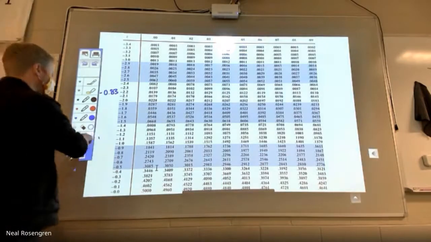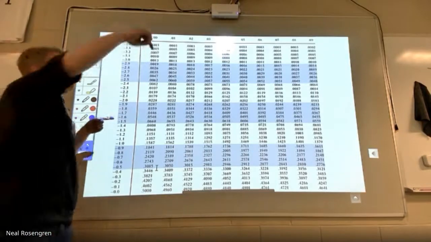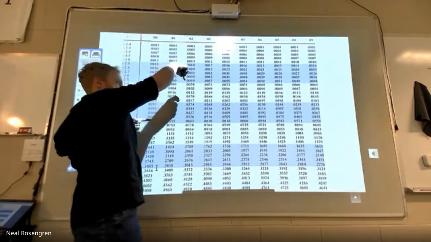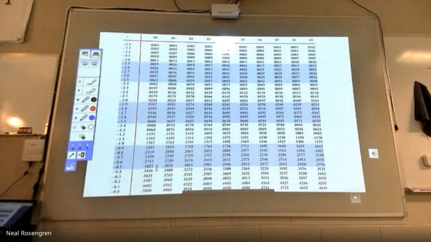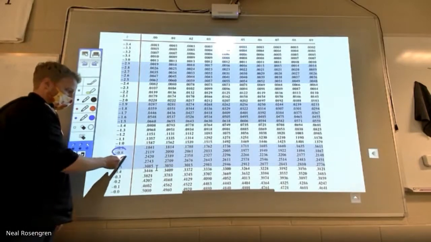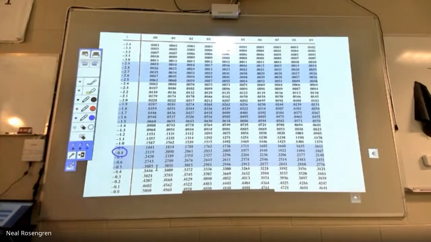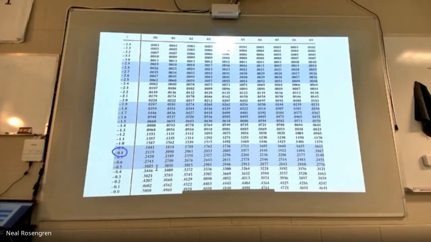We have to find where the first decimal and the second decimal meet in the middle. So the first thing I do is I find the first decimal, negative 0.8. Find it. See if you can find it. Because this is going to be a lot about you knowing how to read this table and finding where the right row and the right column intersect at one of those 4-digit numbers.